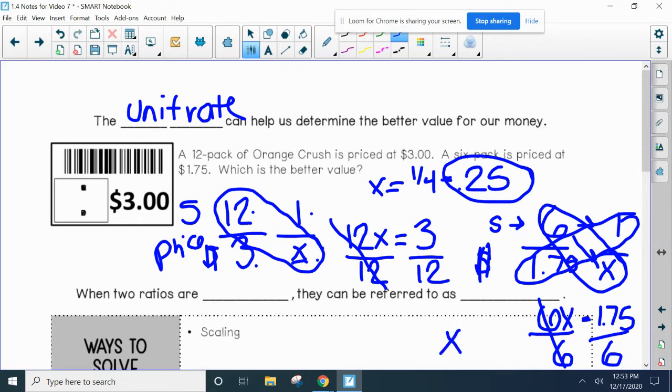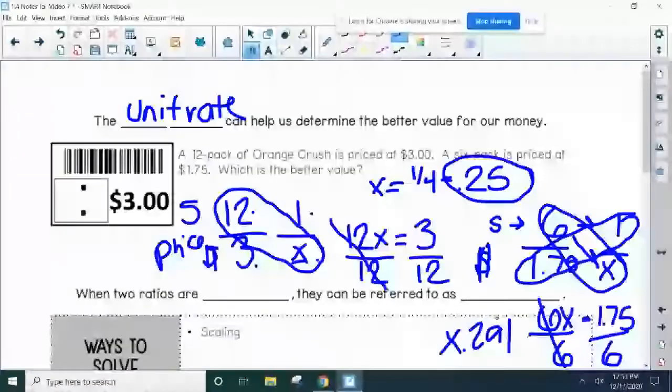And the cost per soda for 6 sodas is, I got 0.291 and it kept going. But I know that dollars only go out to the hundredth position. So I'd round that, and a 1 doesn't round up.